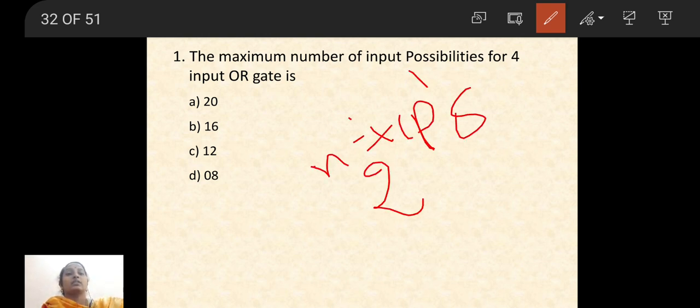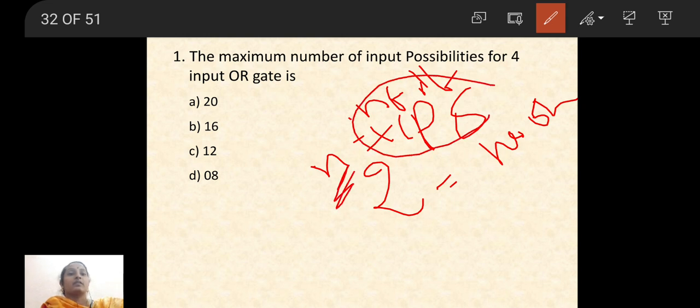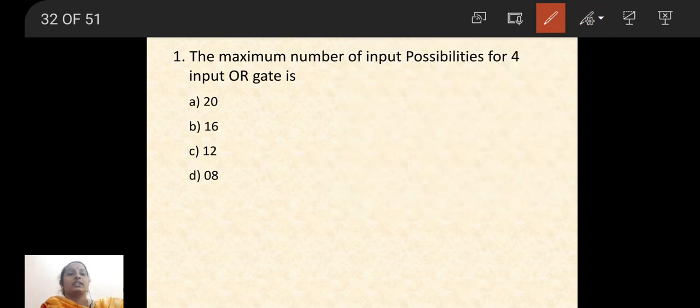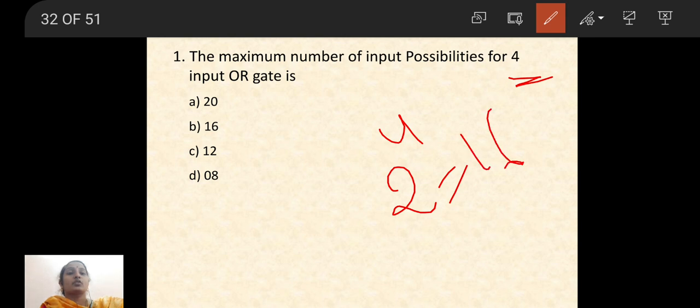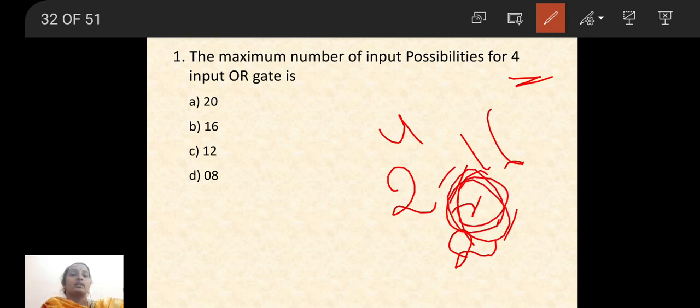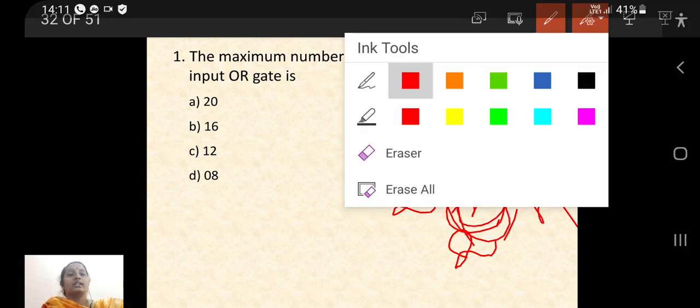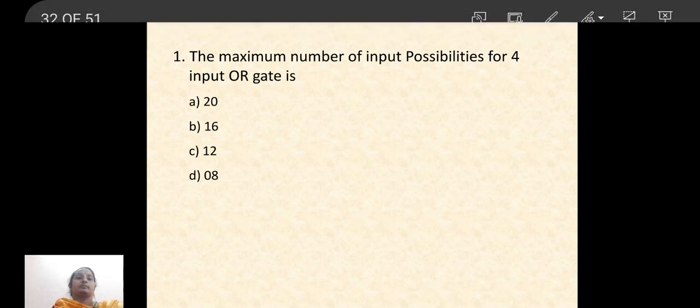Here n is equal to the number of inputs. 2 to the power of n is equal to the number of possibilities. Here we have only 4 inputs, so 2 to the power of 4 is 16. In our previous slide, 2 to the power of 2, only 2 variables were there, we got 4, meaning our truth table had 4 rows.